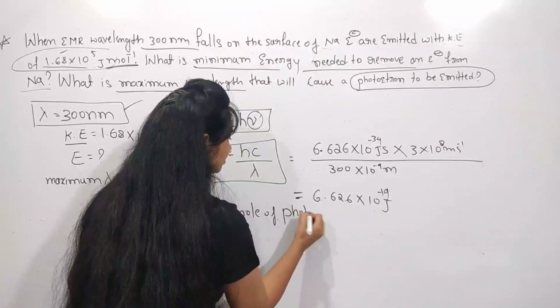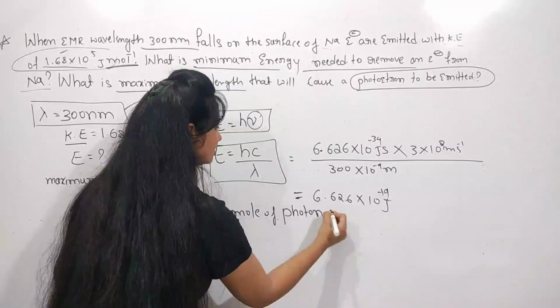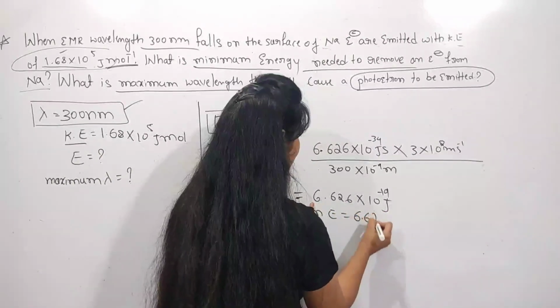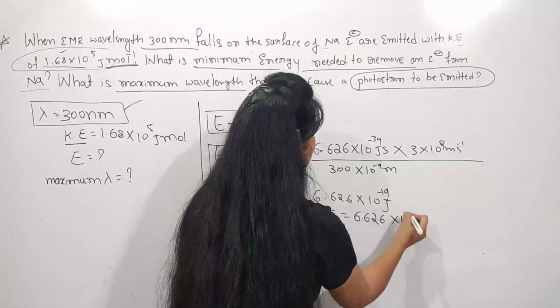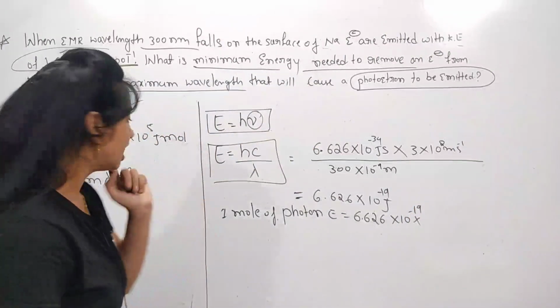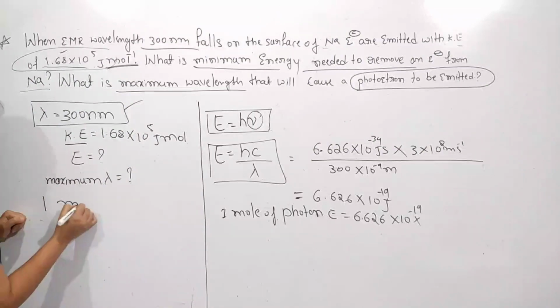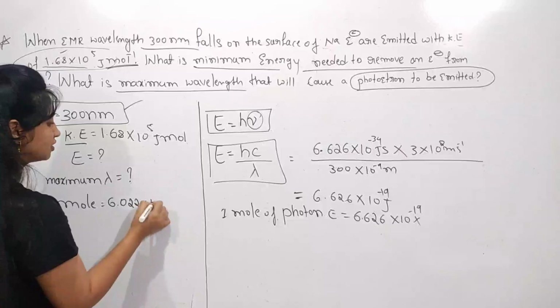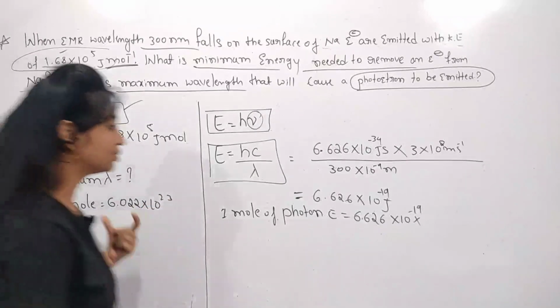The energy of 1 mole of photons is equal to 6.626 into 10 raised to minus 19 into, 1 mole means how many numbers? 1 mole is equal to 6.022 into 10 raised to 23. I put the values here.